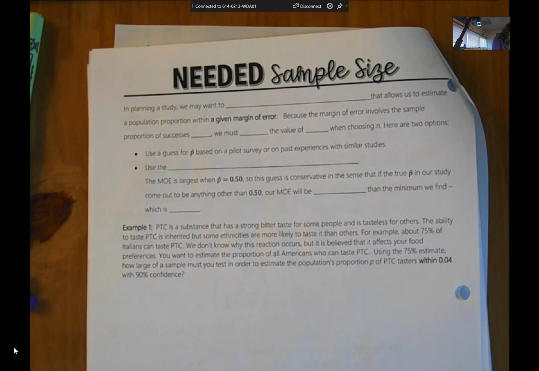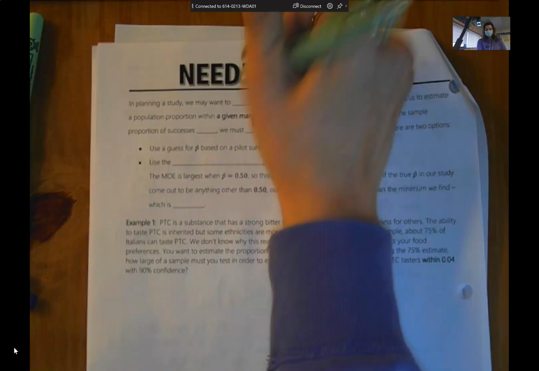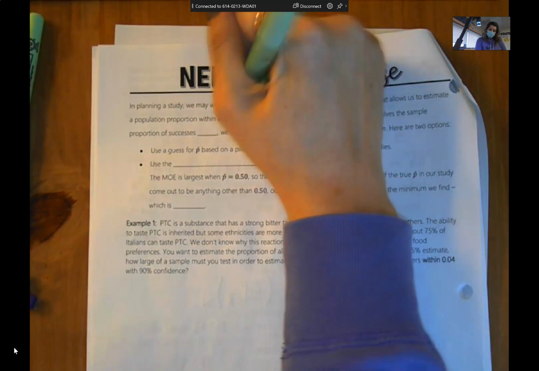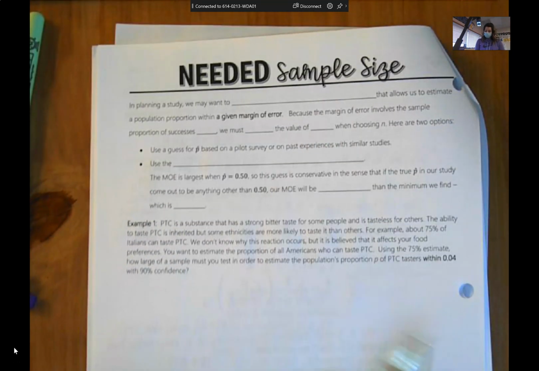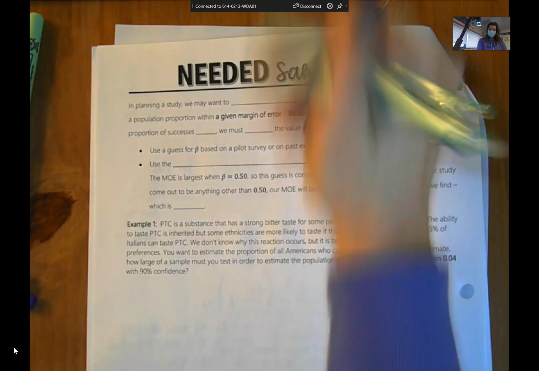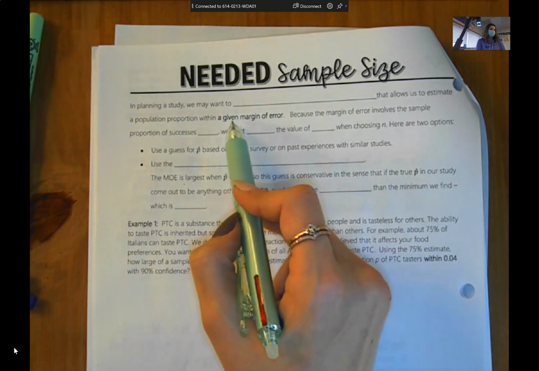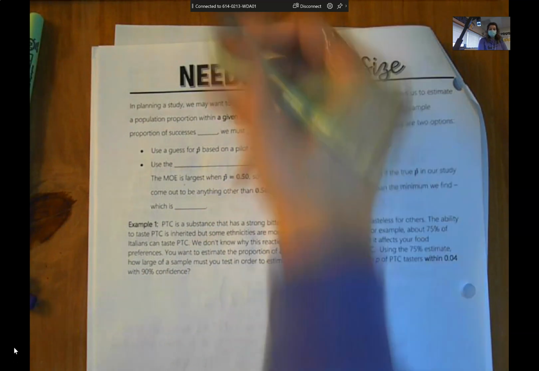I'm just looking for my pen, as usual. So in planning a study, we may want to choose a sample size that allows us to estimate a population proportion within a given margin of error.